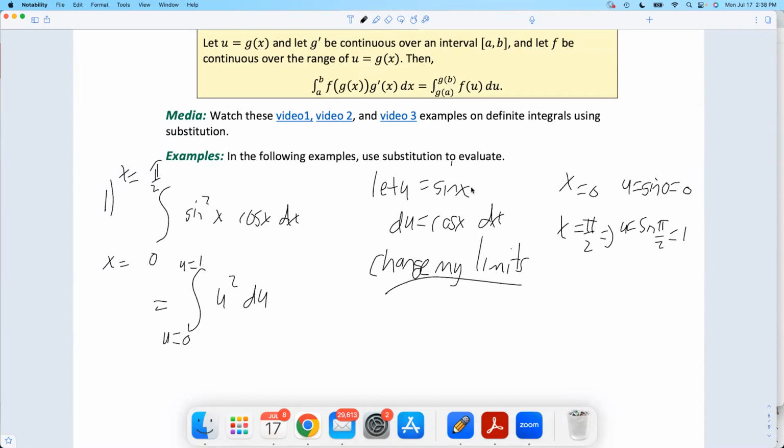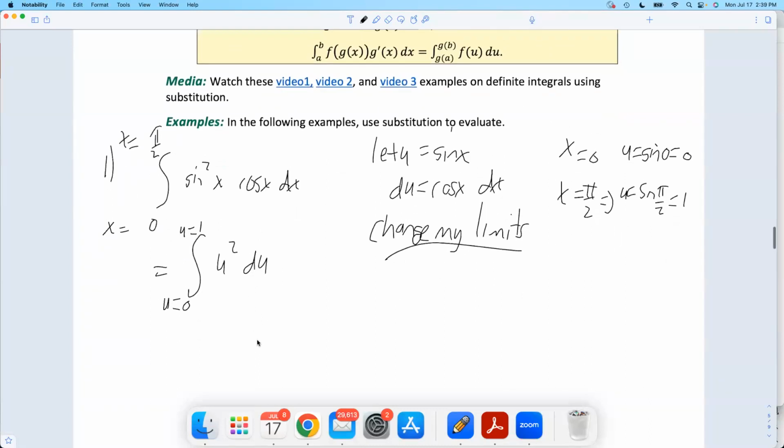I'm plugging in these x values into here and finding out what those u values will be. Okay, and then this is an easy problem. That will be u cubed over 3 evaluated from 0 to 1, which will be 1/3 minus 0, which is 1/3. We're done.